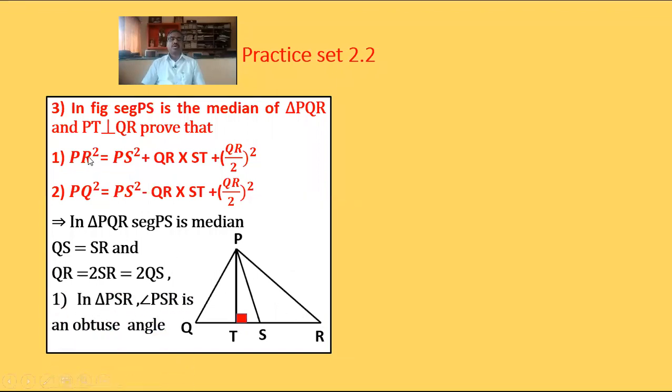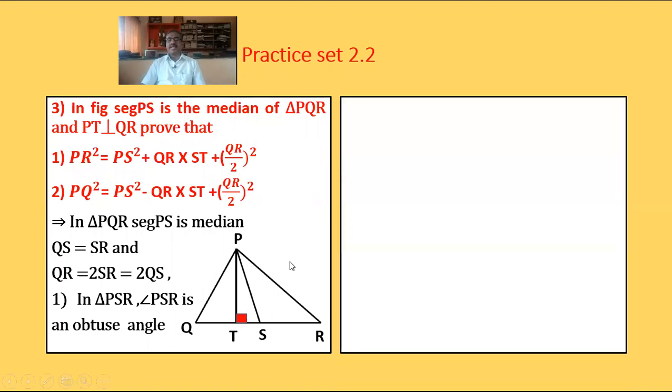First, to prove PR square is equal to PS square plus QR multiply ST plus QR upon 2 bracket square. Here on the LHS side is PR square, PR this side. In triangle PSR, angle S is greater than 90 degrees.